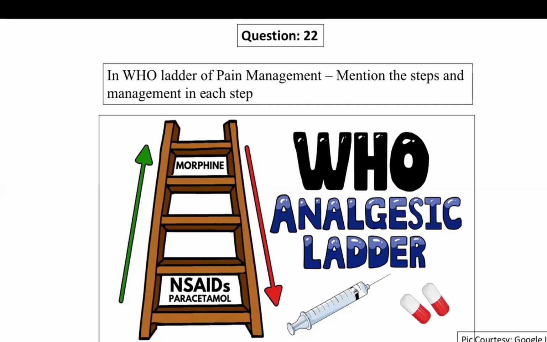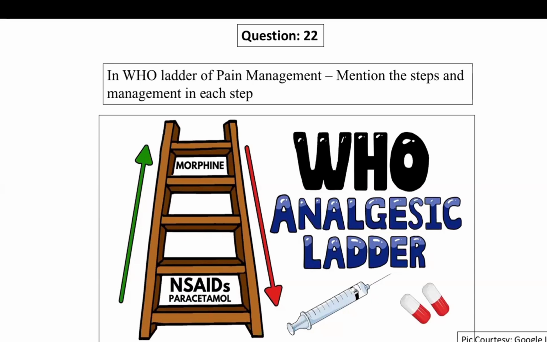For the weak opioids, we can add tramadol or codeine. And if the pain is still not controlled, then we move to step 3, which is severe pain, where we add the strong opioids along with the non-opioid. In the strong opioids, we can give morphine.